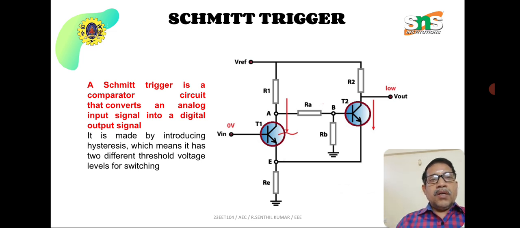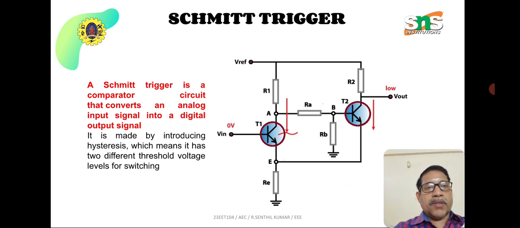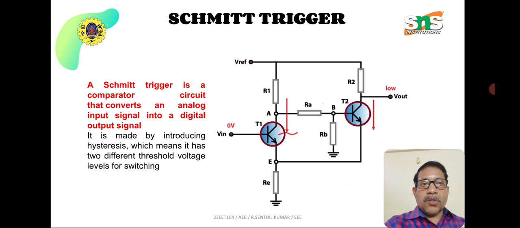The transistor may be in the off state, and if the threshold value is crossed, it may go to the on state, or vice versa. Similarly, for transistor 2, a threshold value is fixed with the help of the biasing resistors, which are connected to the base of transistor 2.